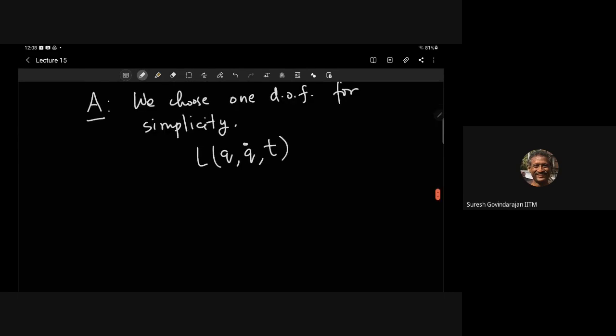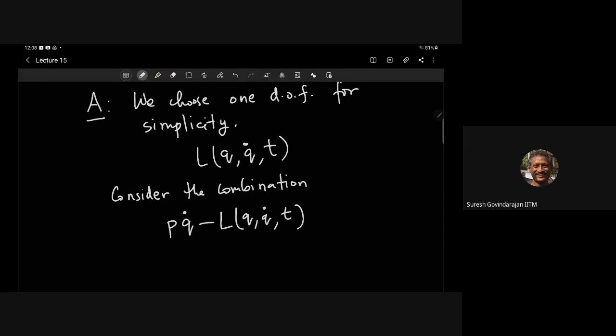Consider the combination p q dot minus L. We have seen a combination like this before.